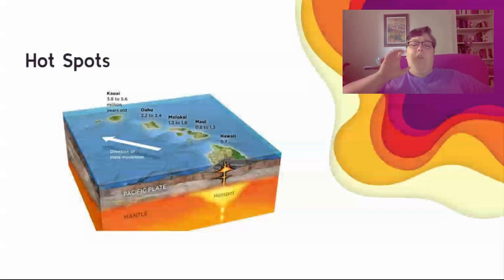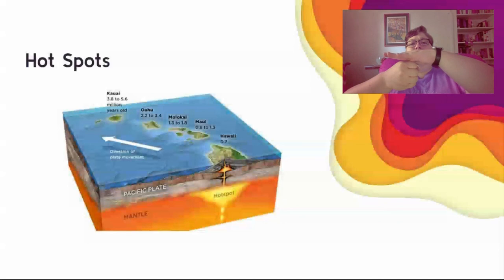So when you get that hotspot that forms, you get volcanoes out in the middle of nothing. So the Hawaiian Islands have formed as the hotspot is here, and the Pacific plate very slowly moves over top of it. So every time it moves on a little ways, a new volcano forms.